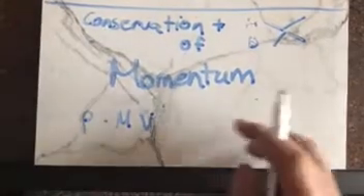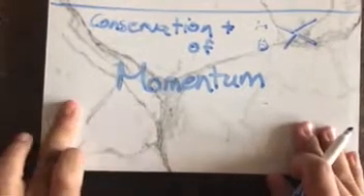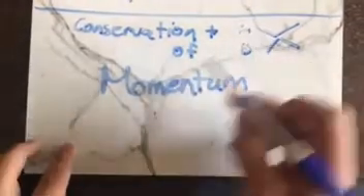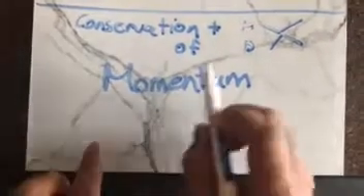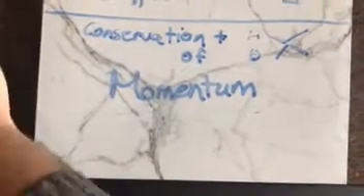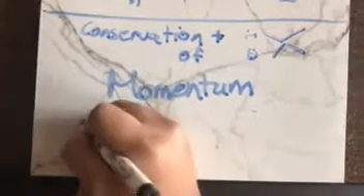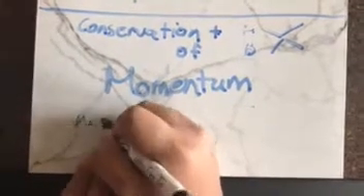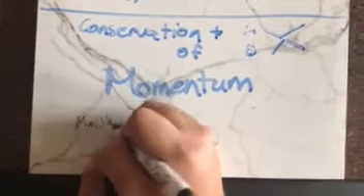Now, first things first, regarding the formula for the conservation of momentum. Since momentum is the product of mass times velocity, the initial momentum formula for object A will be mass of A initial times velocity of A initial.